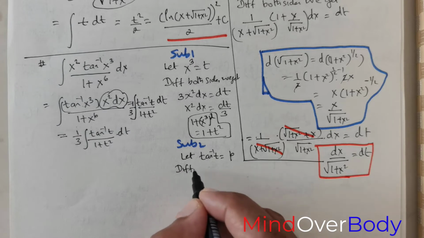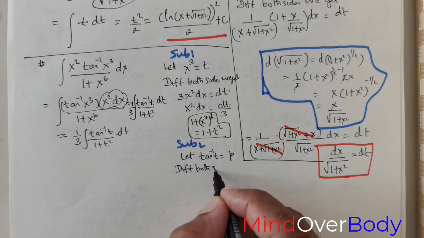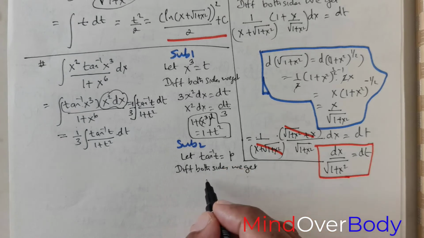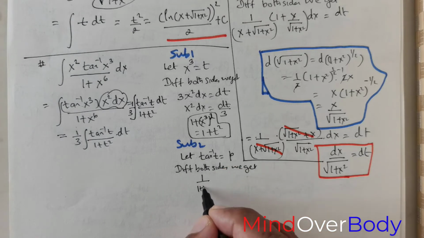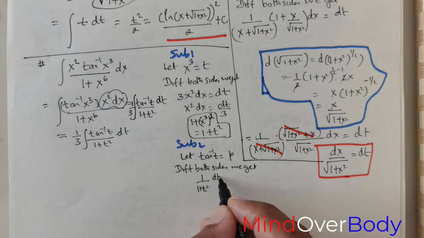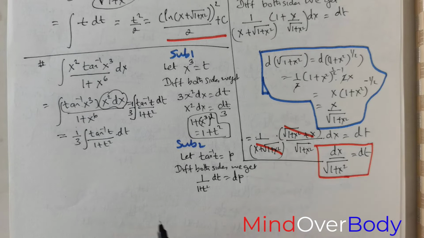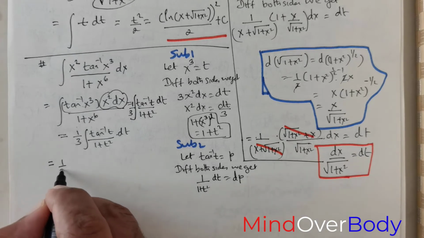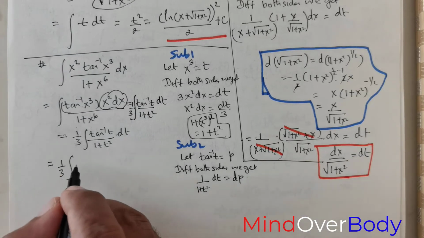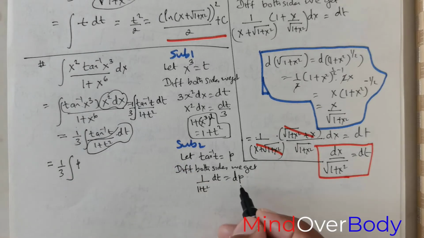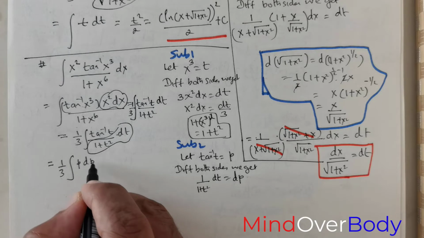Differentiating both sides, we get the differential of tan inverse of t, which is 1 over 1 plus t squared times the differentiation of t, dt. Differentiation of p is going to be dp. So this is equal to 1 over 3 times the integral of tan inverse of t, which is p, times dt over 1 plus t squared, which is dp.